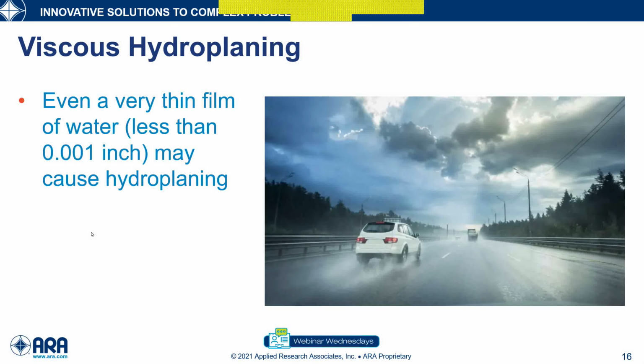Under viscous hydroplaning conditions, even a very thin film of water, even less than 1/1000 of an inch, may separate that moving tire from the pavement because of the insufficient microtexture to break down the water film. So, in other words, viscous hydroplaning may occur at almost any speed.